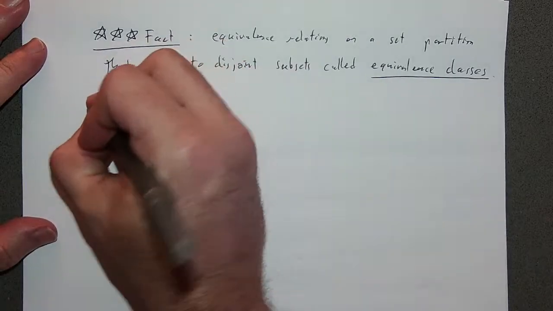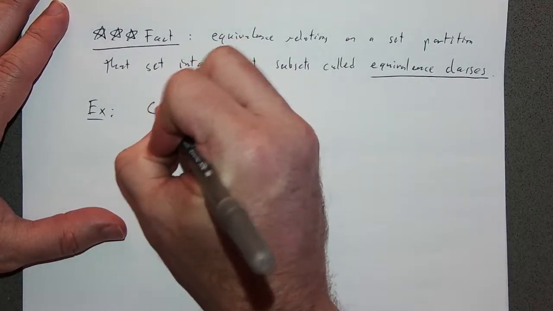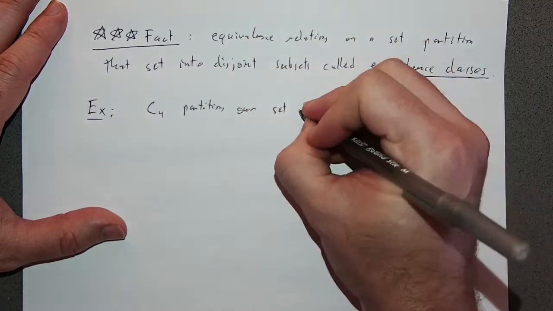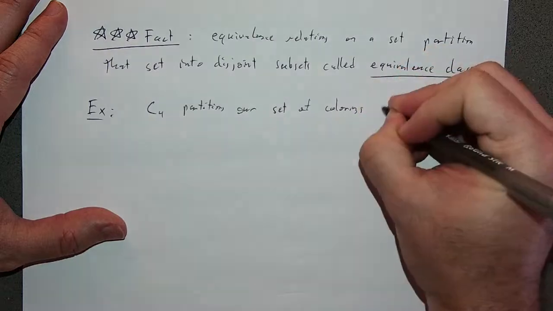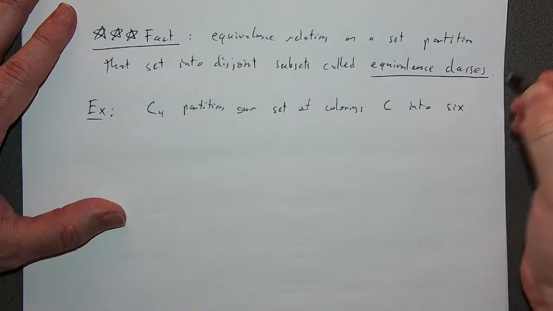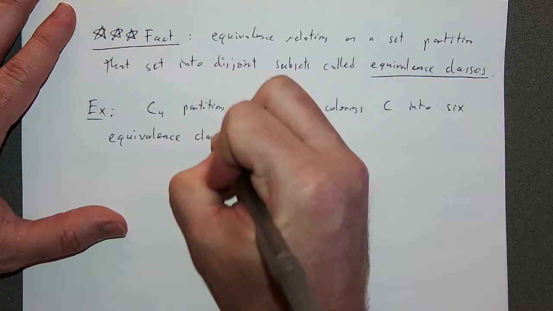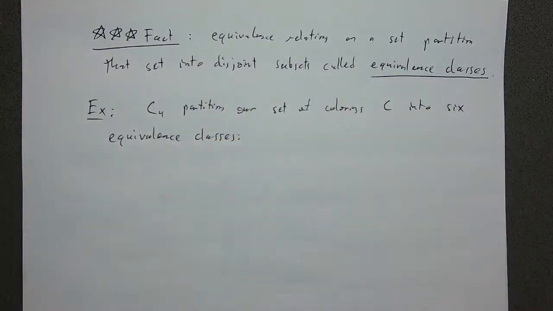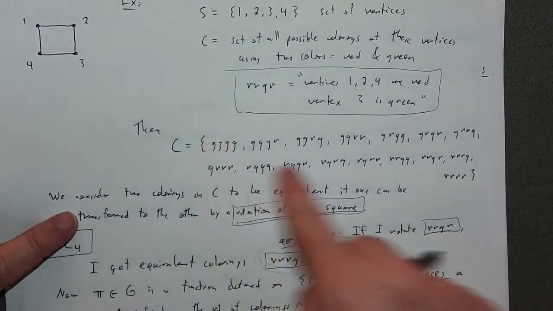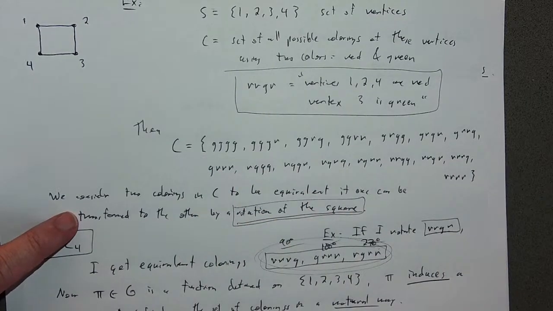So let's see a further sub-example of this. C4 partitions our set of colorings C into 6 equivalence classes. Remember, here's our set C, the set of all colorings of these 4 vertices using red and green.